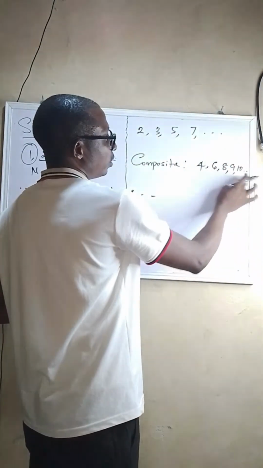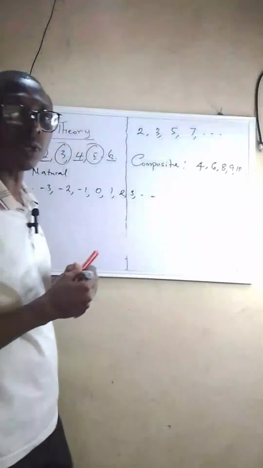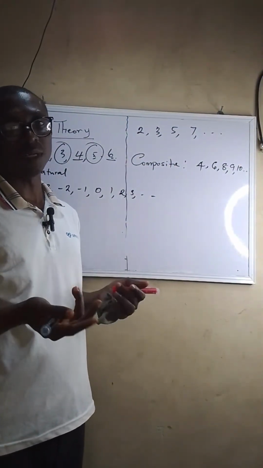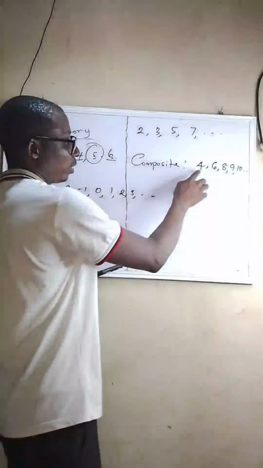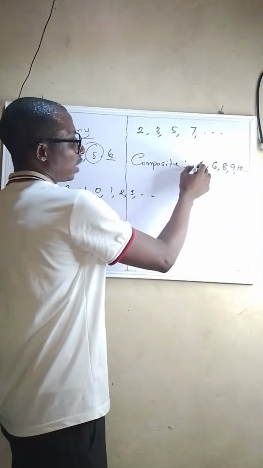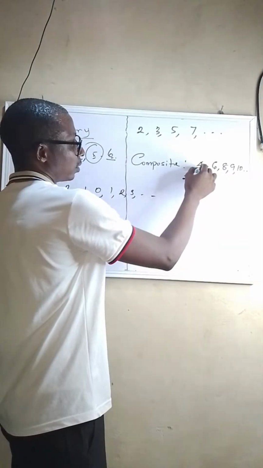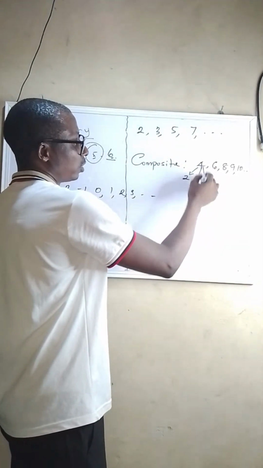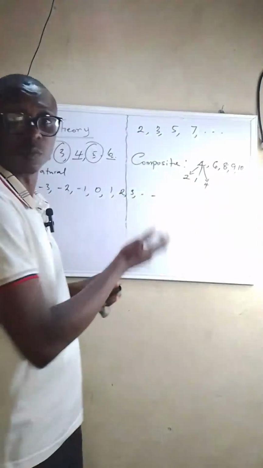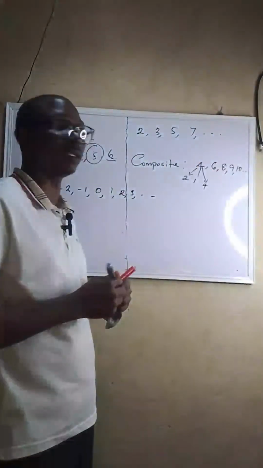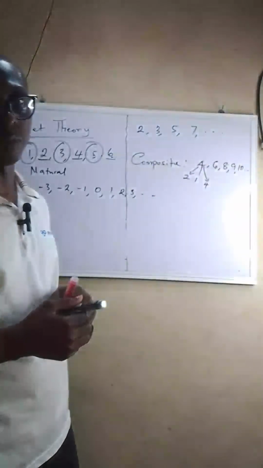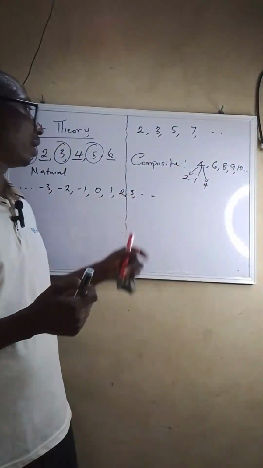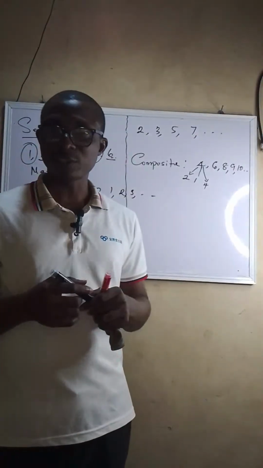When you look at these numbers now, they have more than 2 divisors. Now let's take, for instance, 4. 2 can go here. 1 can also go. 4 can go. So this one has 3 divisors. So it's more than 2. That makes it to be what? A composite number.